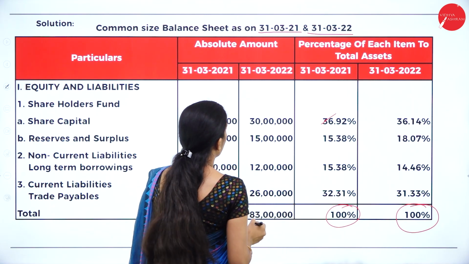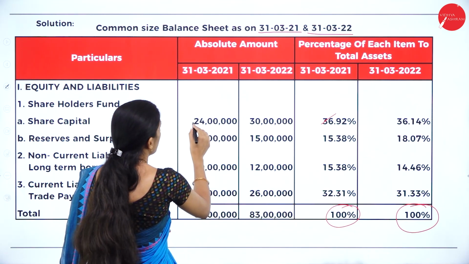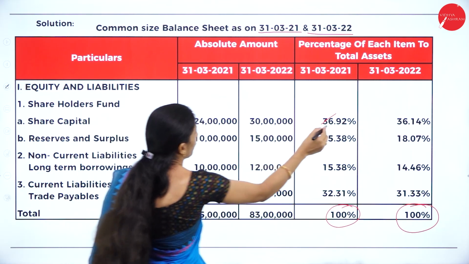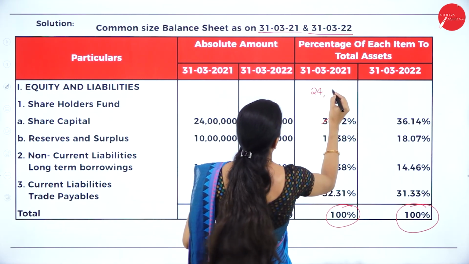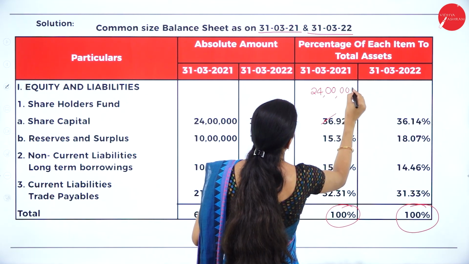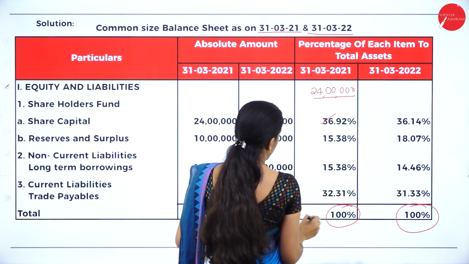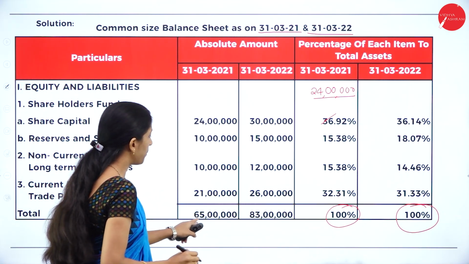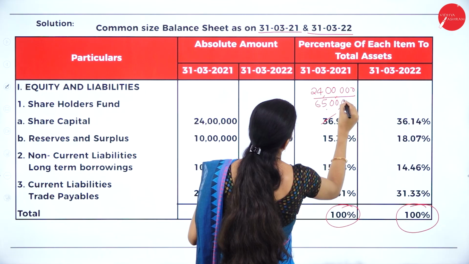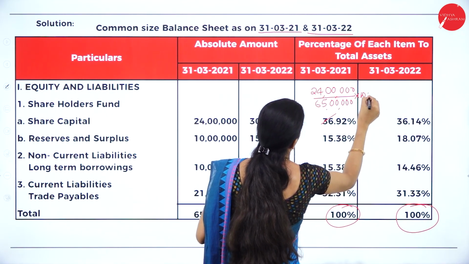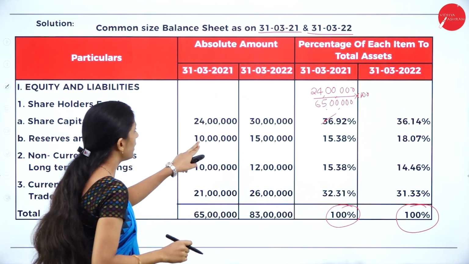To find out the percentage for 2021, we'll take 24 lakh divided by the total of liabilities, 65 lakh, into 100. In the same way for the next one, 10 lakh.